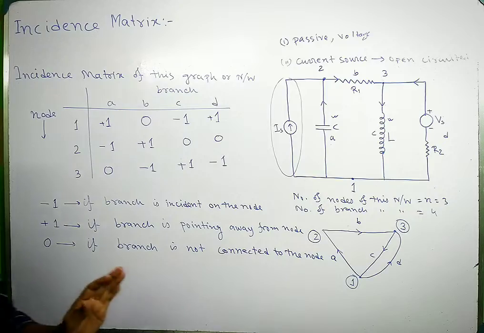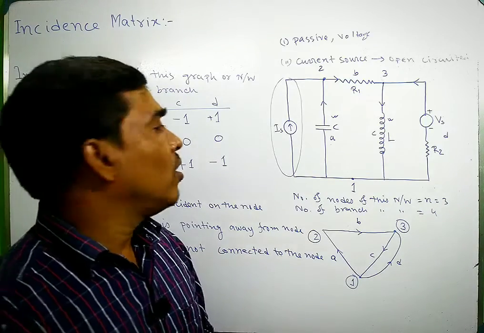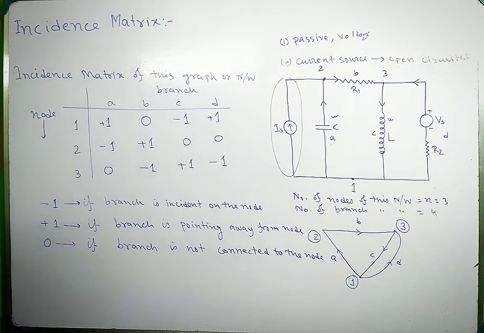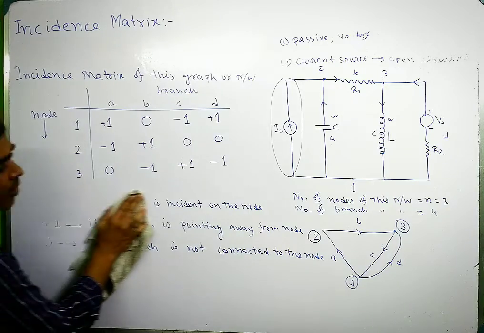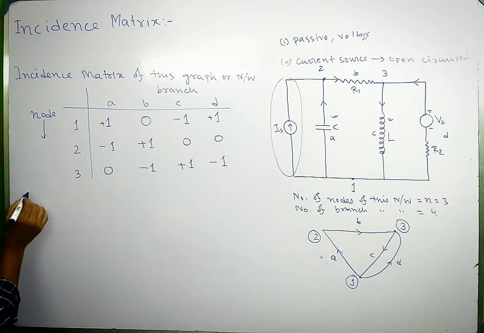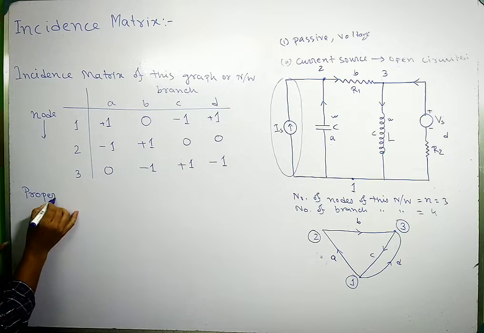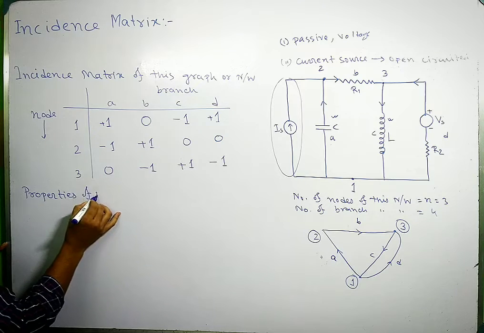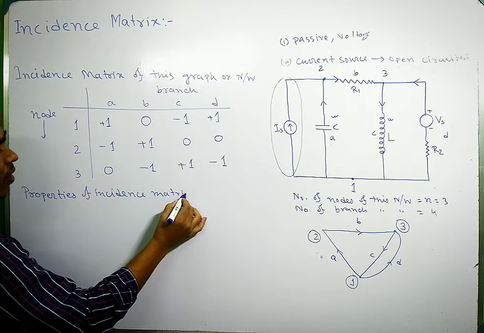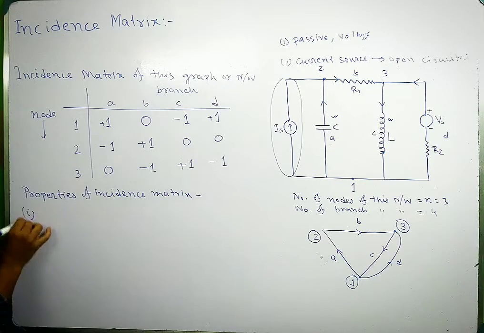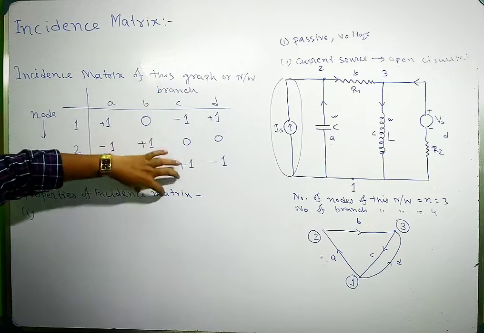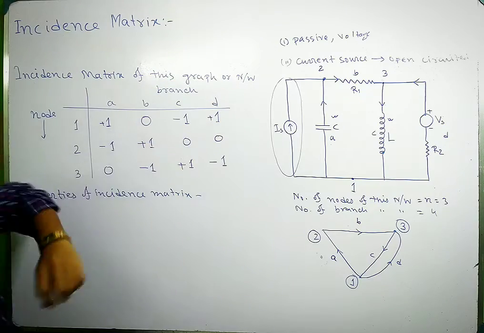Now we will discuss the properties of this incidence matrix. Number 1, this is a column, this is a column, this is a column, this is also a column.